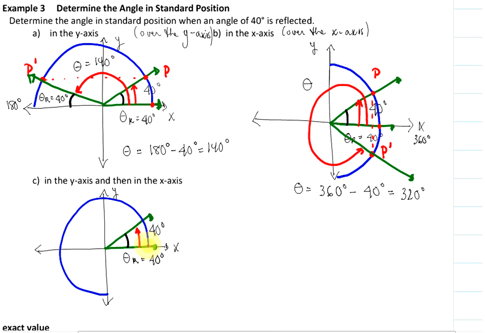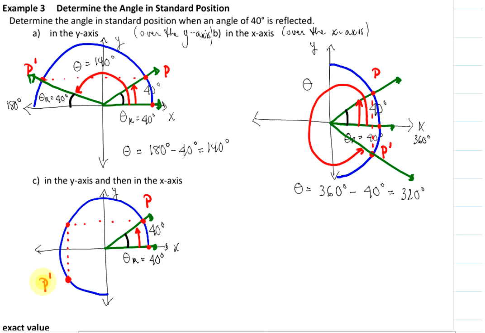Okay, and then our point P is here. Like we did before, we can reflect point P over into the second quadrant by drawing a line parallel to the x-axis, and then we can reflect it into the third quadrant by drawing a line parallel to the y-axis, and so our point P is now in the third quadrant, and we'll call it P prime.